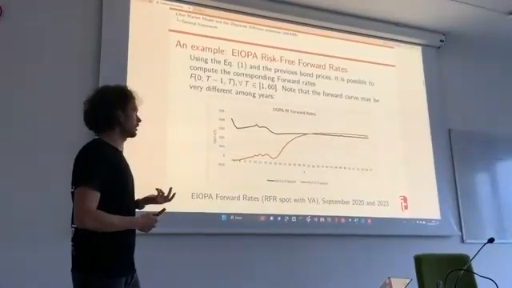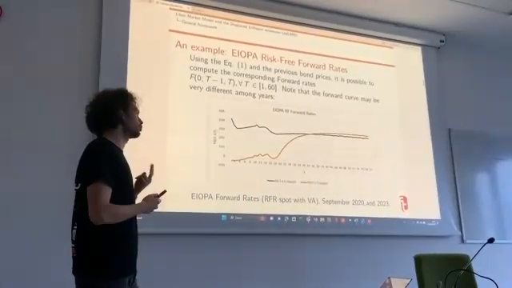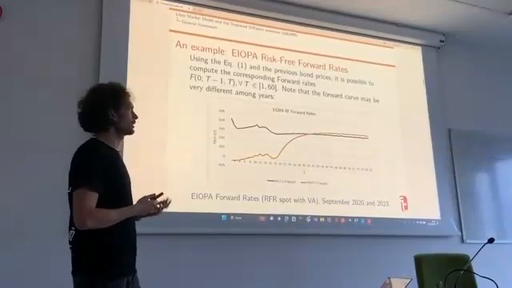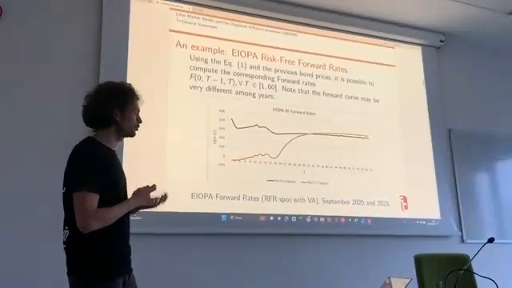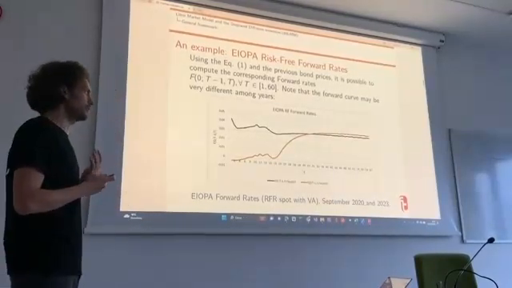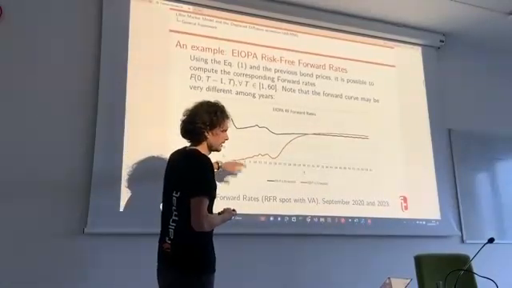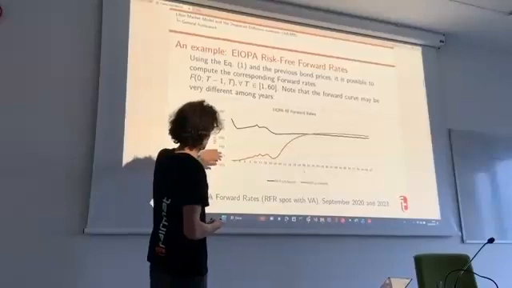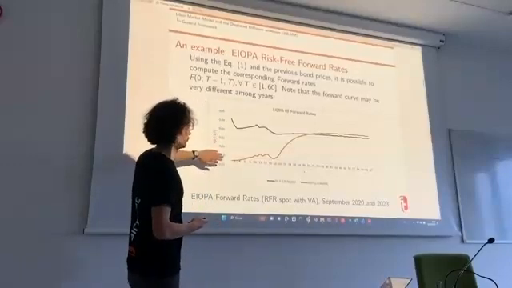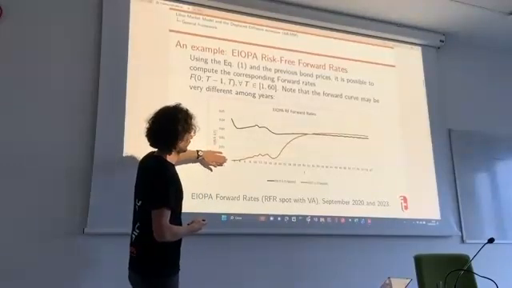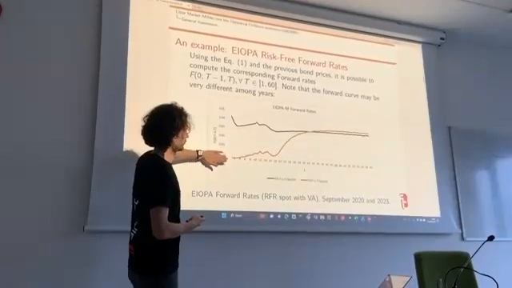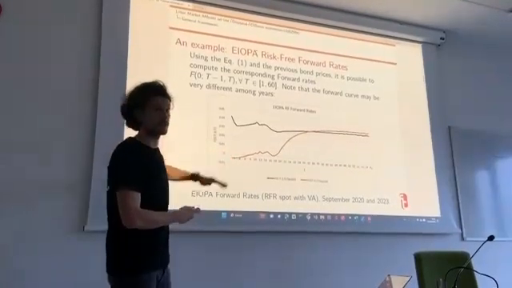Why do I report two of them? Just to show you that the curves could be very different in different years. The main thing you have to notice is that in 2005 the forward curve was negative in the first terms.